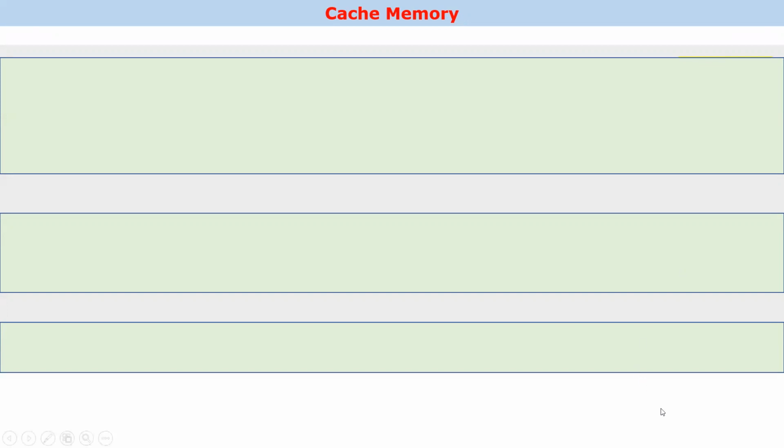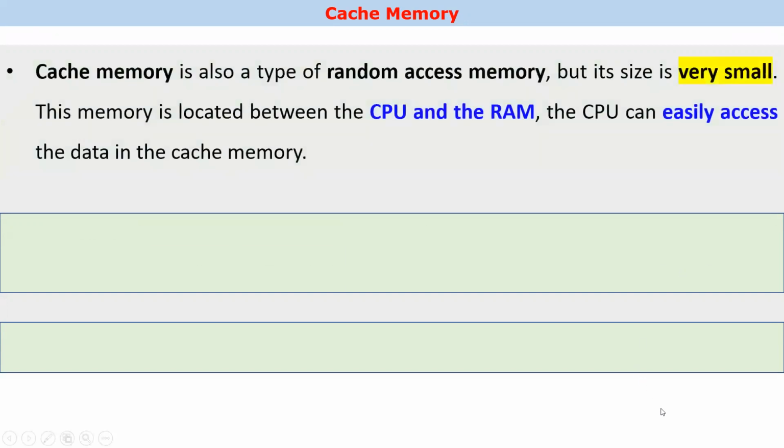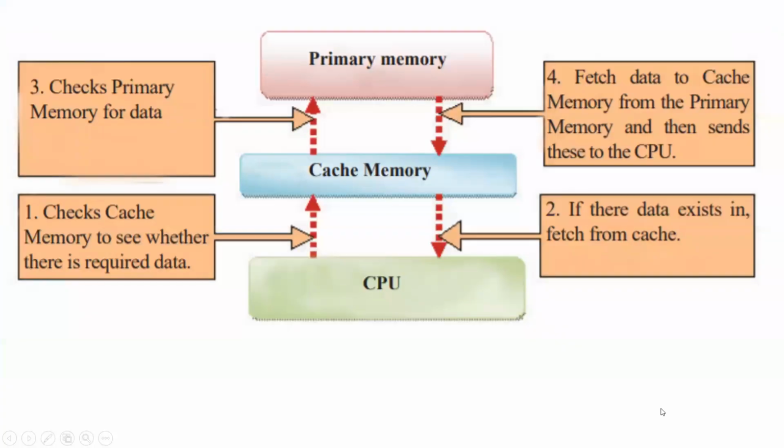Right, before we move into the other part, look at the diagram again. This diagram shows the arrangement of the memories of the devices inside the computer. At the very bottom is the CPU, at the very top is the primary memory. Between those two there is the cache memory.